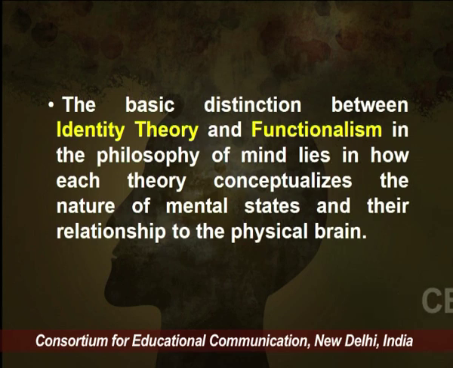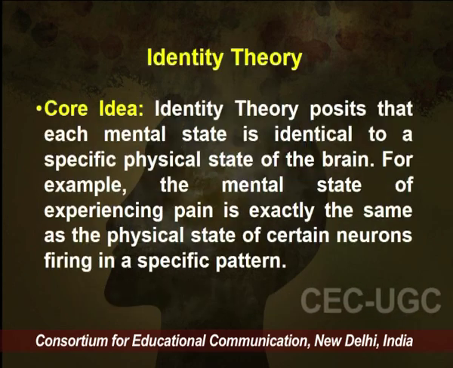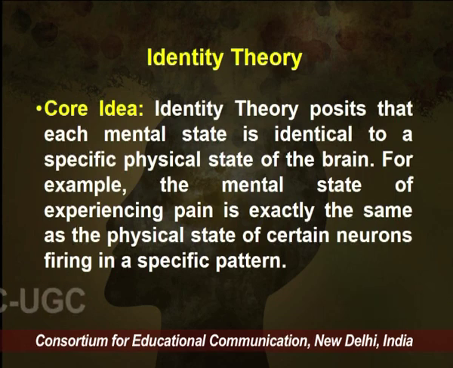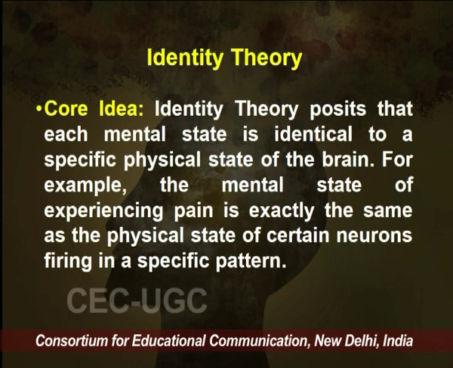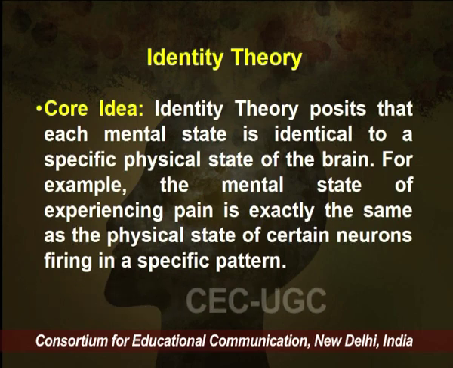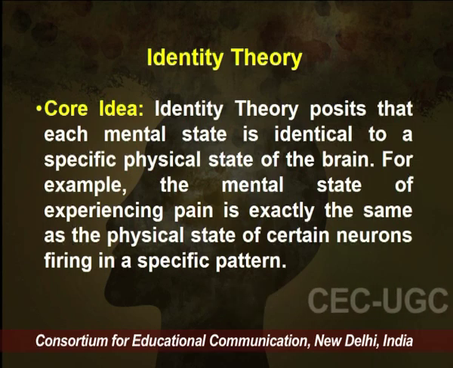The basic distinction between identity theory and functionalism in the philosophy of mind lies in how each theory conceptualizes the nature of mental states and their relationship to the physical brain. The core idea in identity theory posits that each mental state is identical to a specific physical state of the brain.